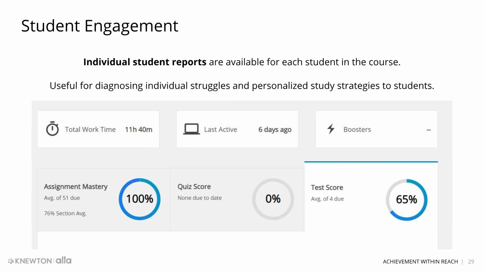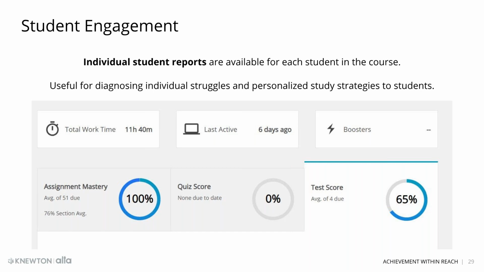Here again, you can see some summaries on how many of my students are reaching mastery. In terms of test scores, I do occasionally give quizzes in Alta. If we've run out of time in class, I'll create a quiz and give that to my students.